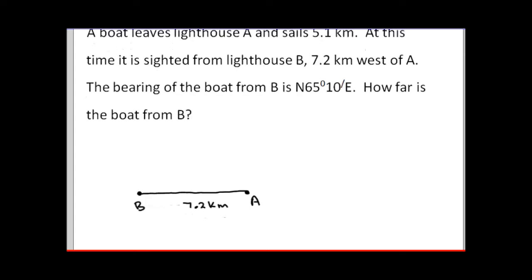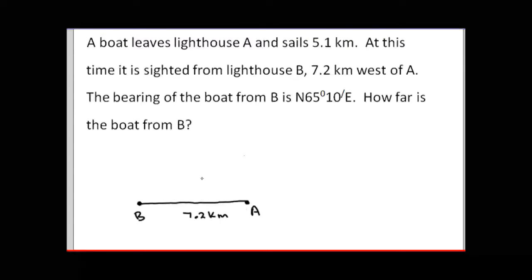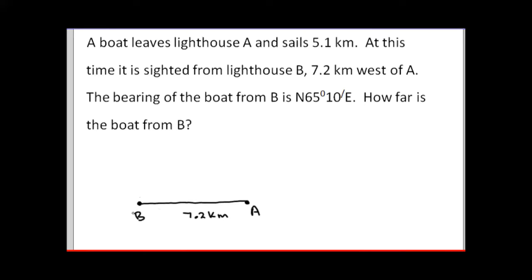Now the boat could have gone 5.1 kilometers this way, this way, this way. We don't know, but we do know where Lighthouse B is. Now, the bearing of the boat from B is north 65 degrees, 10 minutes east. So now we're on to something. Let's say here's a little compass on B. The boat is north 65 degrees, 10 minutes east. So instead of going due north, we swing to the east.